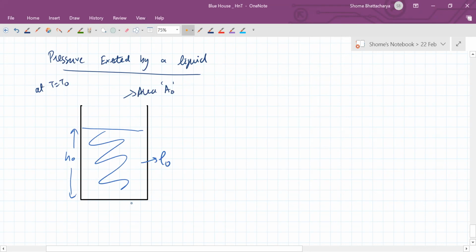It has a density rho naught. Then at the bottom, the pressure exerted by the liquid is rho naught G H naught, at T equal to T naught.